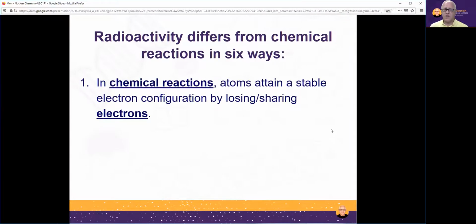Well, radioactivity differs from chemical reactions in 6 ways, and let's take a look at those 6 ways. The first way is in a chemical reaction, atoms will attain a stable electron configuration by losing or sharing electrons. Now, when we studied the elements and we started looking at Bohr models, we saw in the valence electron shell that some elements were fully stable when they had a full valence electron shell, and other elements were not.